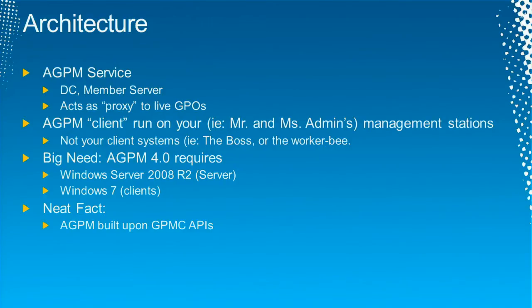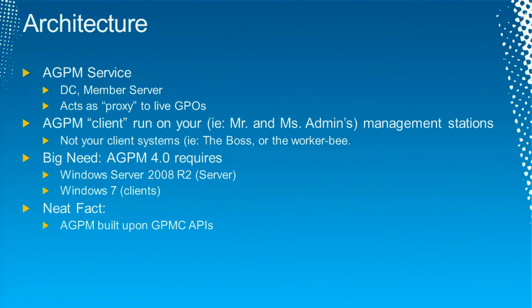The second thing is that there's this client piece. Gosh, client is such a loaded word. When I think client, sometimes my brain thinks agent. Sometimes my brain thinks client-side extension. Sometimes my brain thinks other things. But the AGPM client is on your machine, the one you use every day to make group policy happen.